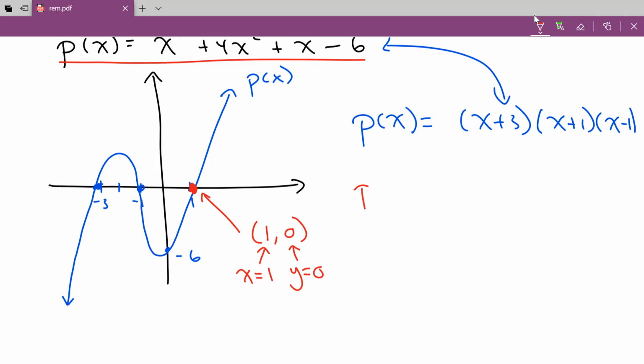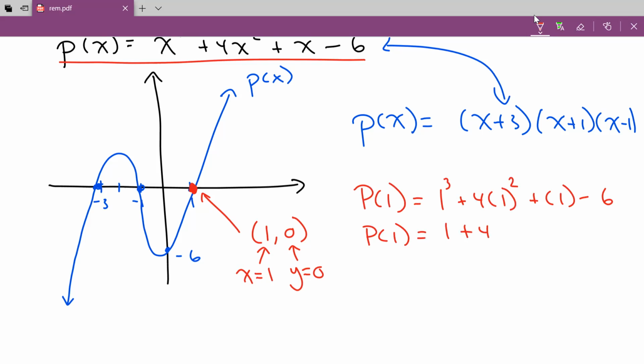I'm going to let x be 1. I'm going to substitute that in. 1 cubed plus 4 multiplied by 1 squared plus 1 minus 6. What does that equal? 1 plus 4 plus 1 minus 6. P at 1 is equal to 0.